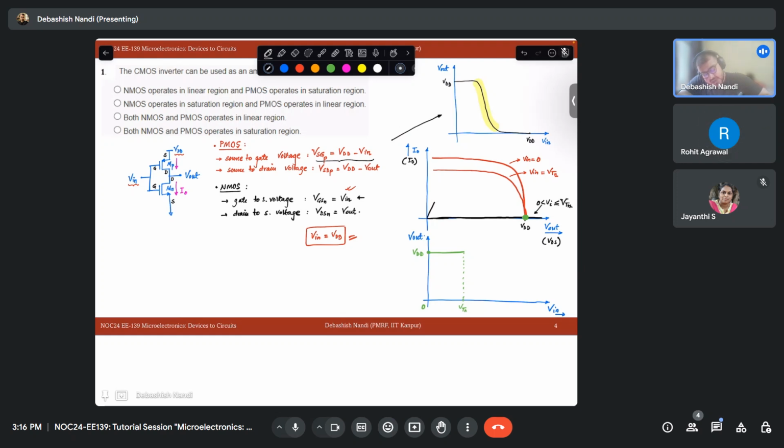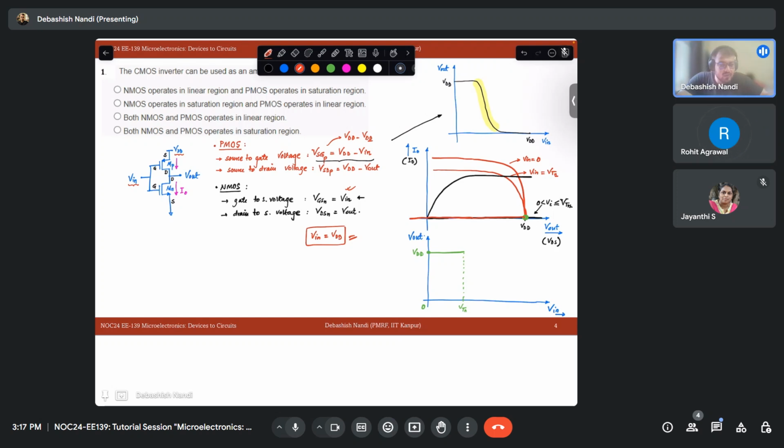So the NMOS characteristics will be something like this. But what about the PMOS? In case of PMOS, your input voltage is VDD minus VDD, that is 0, right? So it is not beyond your threshold. So it will be simply following this line, right?